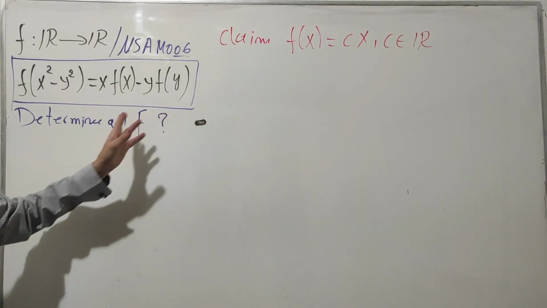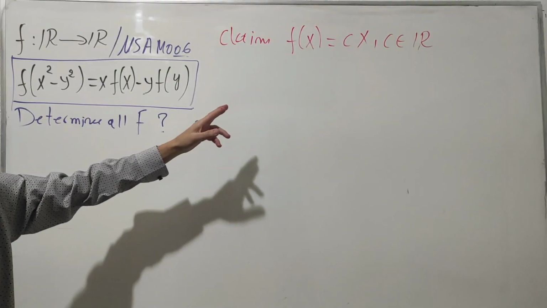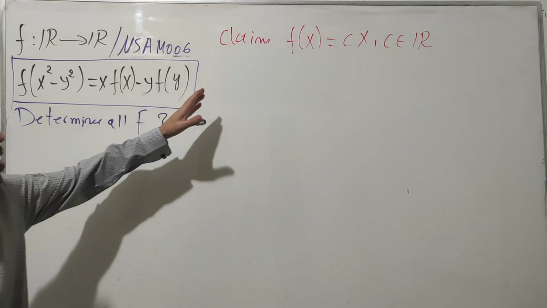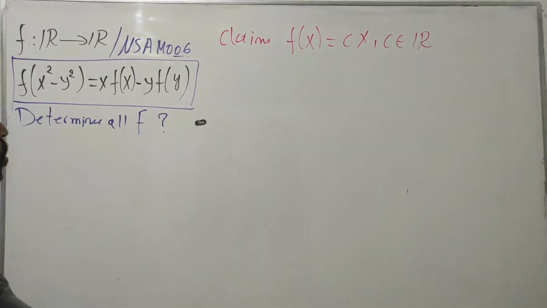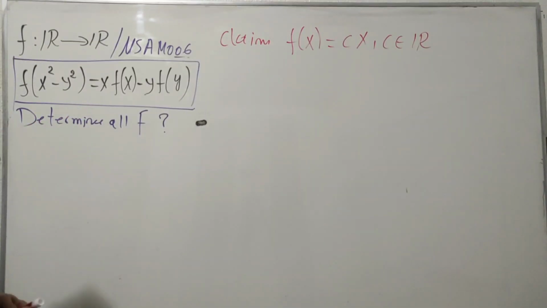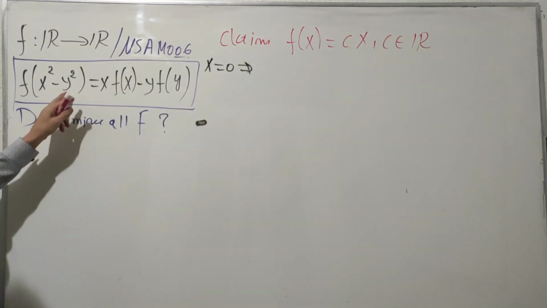So I'm going to prove that this is going to be expressed as an additive function, as we have seen in the previous proof. You know this additive function is an odd function, and always f of 0 equals 0. So let's put x equals 0 and leave y free.